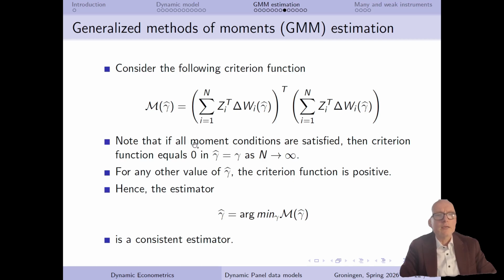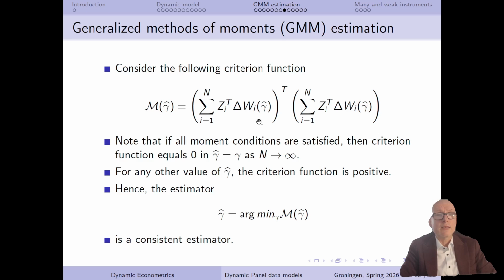Well, we should realize that at the moment that n goes to infinity, it is possible to satisfy all the moment restrictions, and that means of course that this vector that we have over here becomes a vector of zeros, and that one becomes a vector of zeros as well, whenever we set gamma hat exactly equal to gamma, that is the correct value of gamma. We can only do that of course if n goes to infinity.